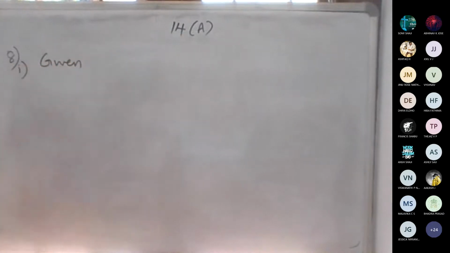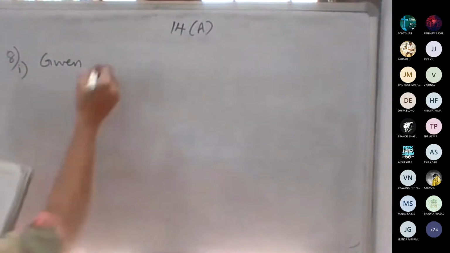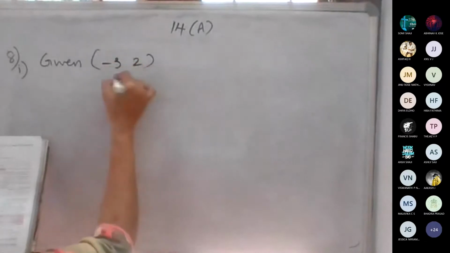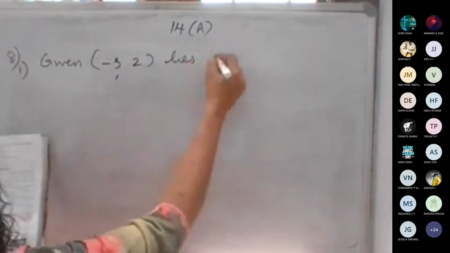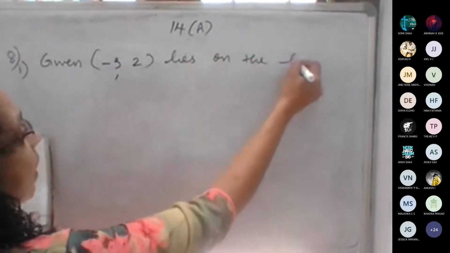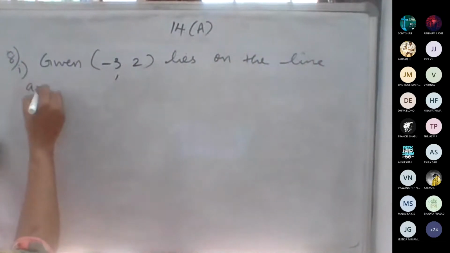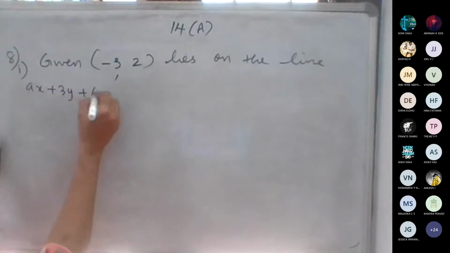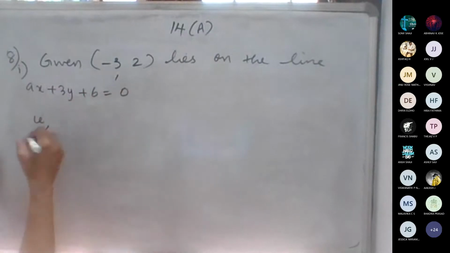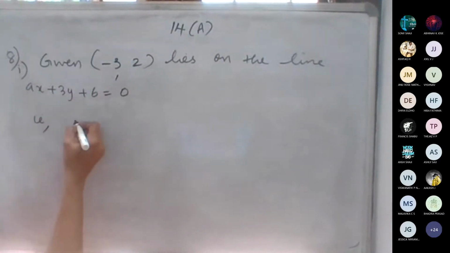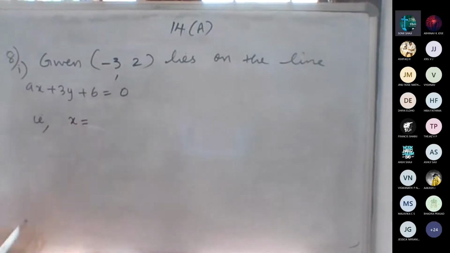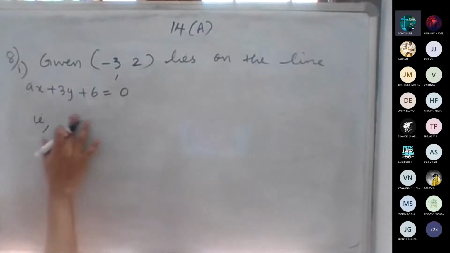Given negative 3, 2 lies on the line ax plus 3y plus 6 is equal to 0. That is, what we can write? That is x is equal to negative 3 and y is equal to 2 in this.